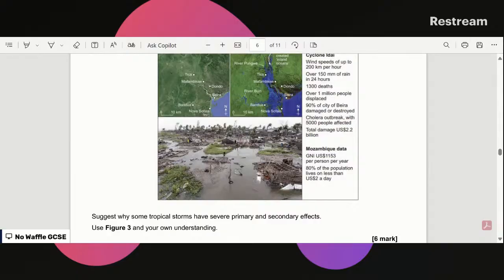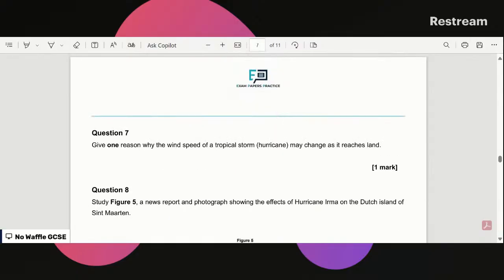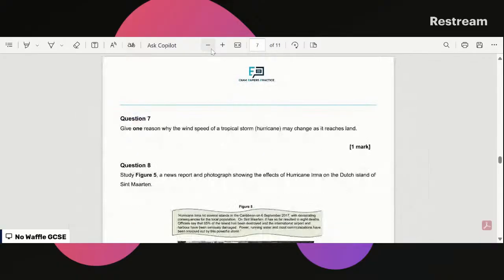And maybe you looked at some other examples and talk about how the development of the countries impact the amount of resources and the quality of resources that they allocate to certain funds, and therefore, for example, the houses might not be made of good quality in low income countries, and therefore they're more susceptible to being broken down and destroyed. Yes, exactly. High income countries have much better technology. So Japan is a good example of that. Okay, and I believe the rest of these questions are quite low marking, so that is it for weather hazards.